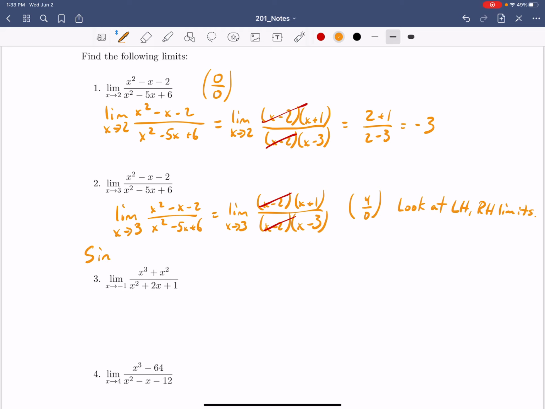So I'm just going to knock this out very quickly. Since the left-hand limit, I'm going to write this abridged form. Let's see. X is a bit less than 3, so x plus 1, okay, that approaches 4. X minus 3 is a bit less than 0, so I guess this approaches negative infinity.